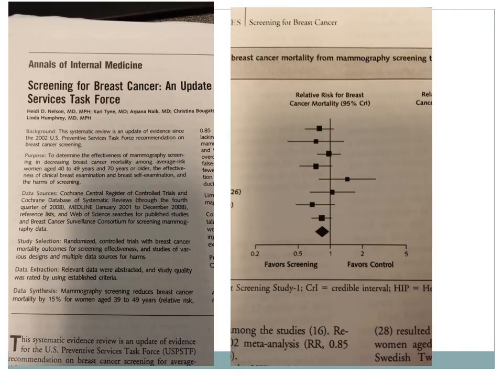And then the diamond at the bottom is the aggregate result. When you pool all the results of all the studies, that's kind of the final word. And as you can see, it slightly favors screening, but it's not a slam dunk. It doesn't touch 1, but it's not much to the left of 1. You'll see in comparison with the pap smear one, which we'll see a little bit later, that one is very far to the left of the 1.